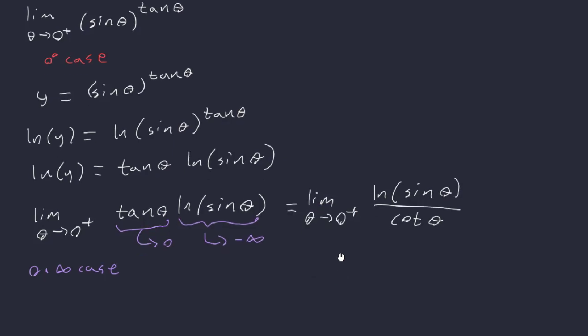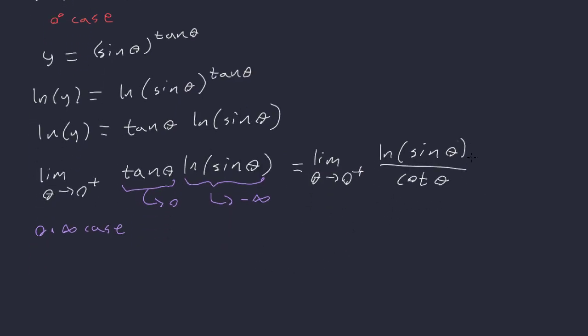Now that we have this, cotangent of 0 is going to be an infinity. So we've turned the 0 piece into infinity. So we now have an infinity over infinity case, meaning we can actually apply L'Hopital's rule.